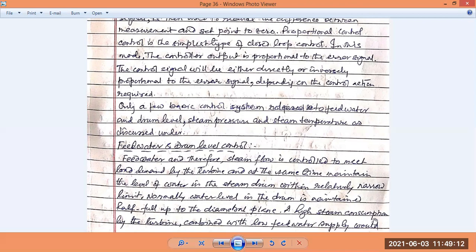Only a few basic control systems are discussed here: the basic control systems for feed water and drum level, steam pressure and steam temperature are discussed under this.